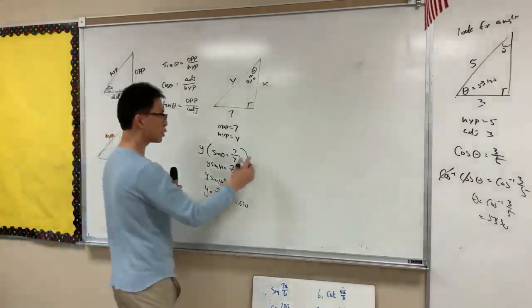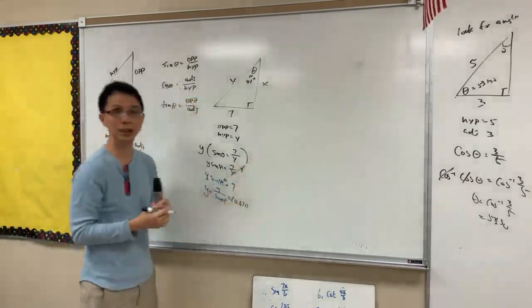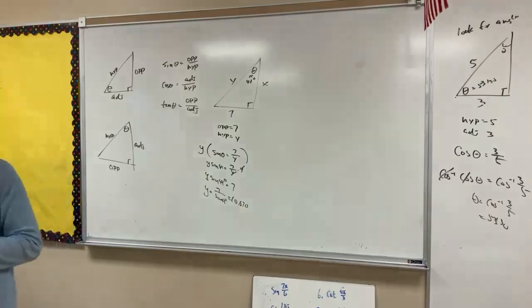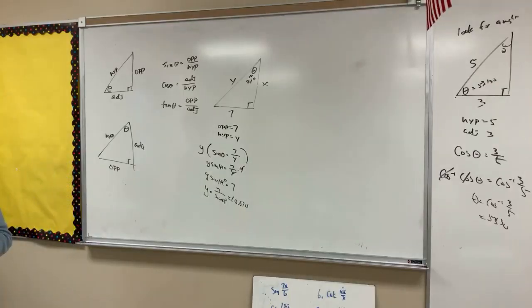Okay, so how do you get x? Kevin, did you get x yet? What trigonometry equation will you use for x? You have adjacent, which is the x, what you're looking for.